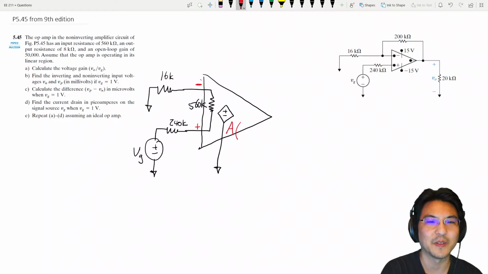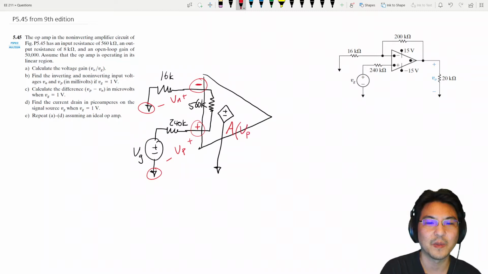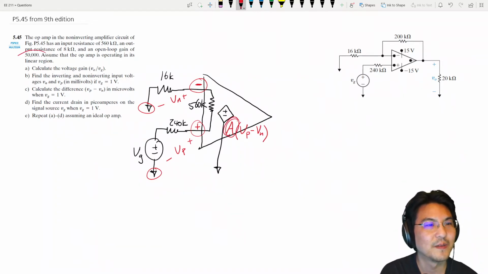So the voltage from here to here is our VN, and then from here to here is VP. So VP minus VN, right, is this voltage right here. So it's this gain, which is 50,000. So 50,000 times the difference between here and here.